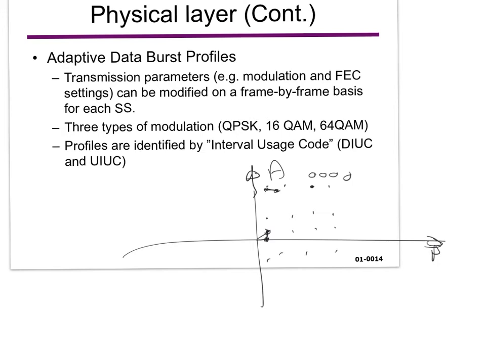So I can do some error correction without having to go back to the sender and ask the sender to retransmit. And as we said, if we increase the modulation, we will have higher probability of error, which means that if I increase the size of the FEC codes, this will allow me to compensate for the errors that might happen.